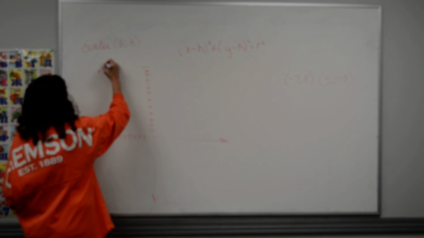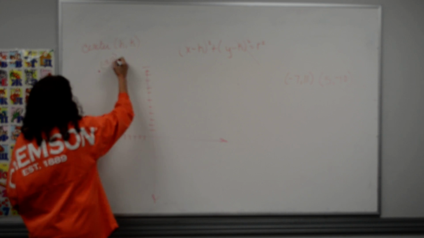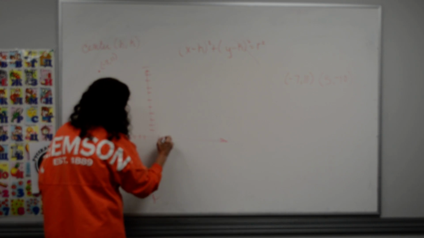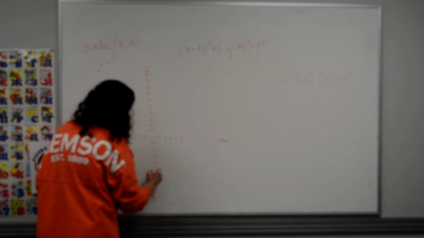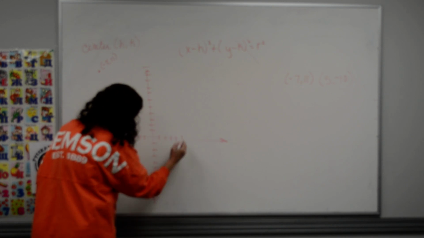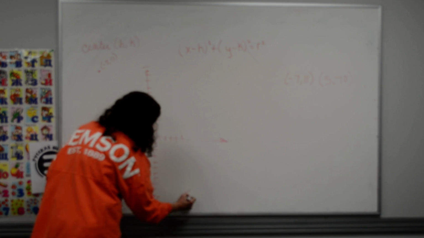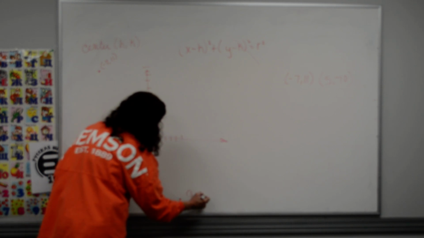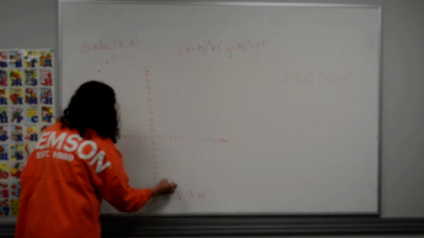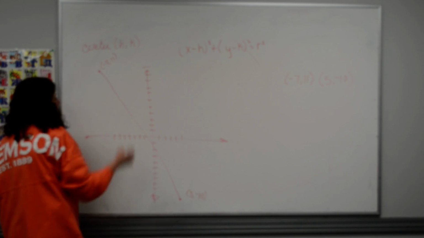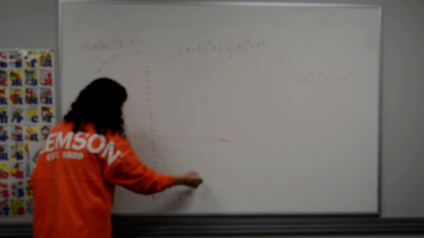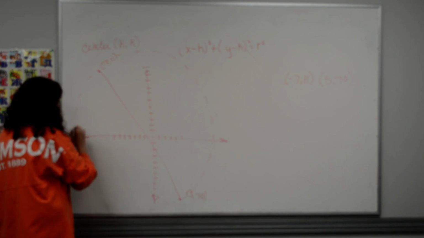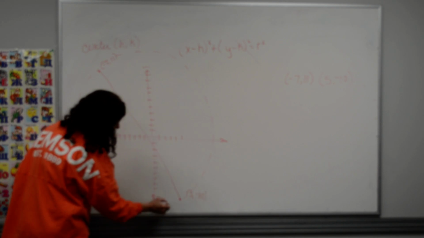So this is the point (-7, 11), and this is the point (5, -10). Those are the two endpoints, so therefore my circle is going to be something like that.